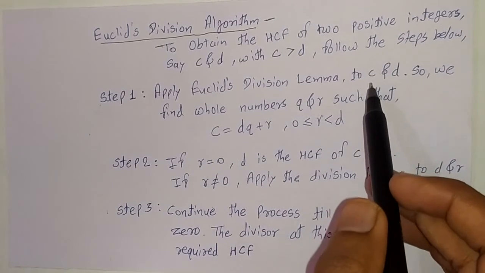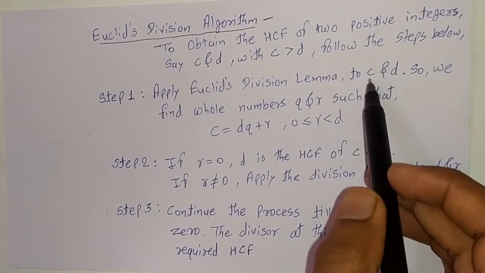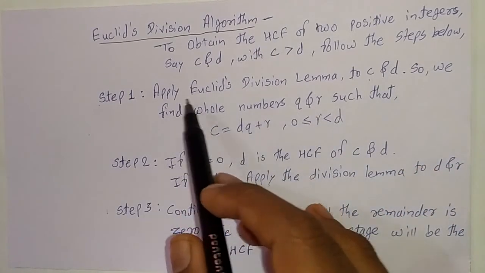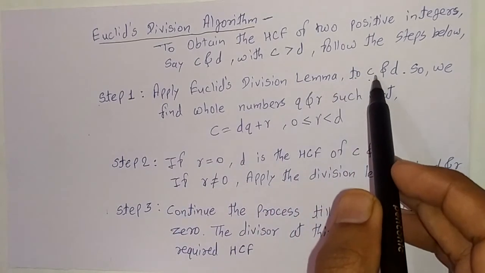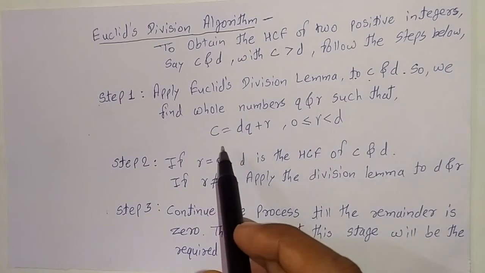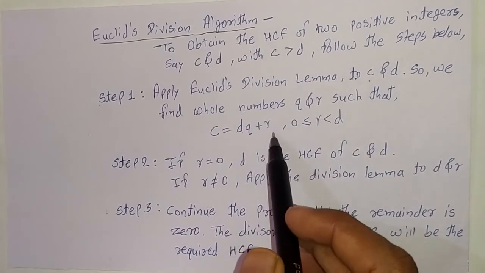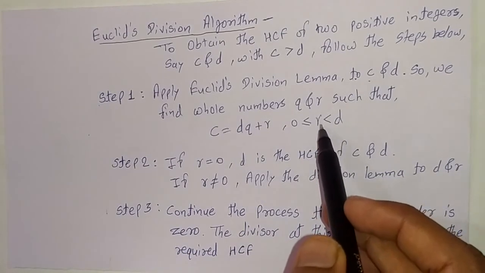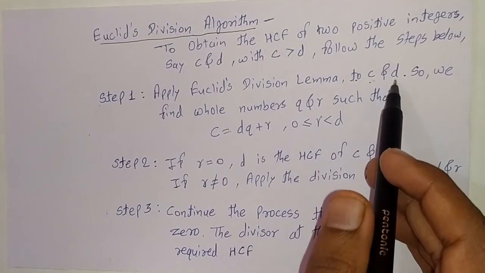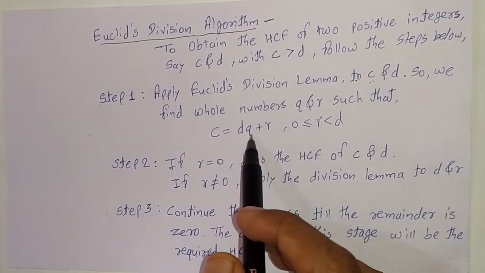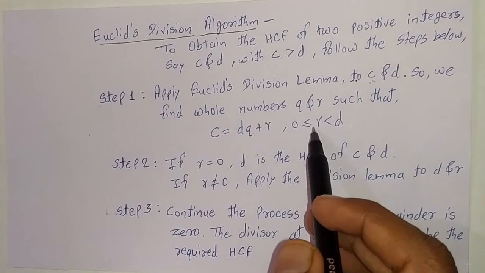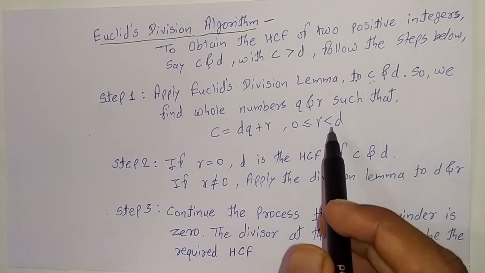Let's say the two numbers are C and D. We find whole numbers Q and R such that C equals DQ plus R, where 0 is less than or equal to R less than D. C will be greater than D, so C equals D into Q, where Q is the quotient, plus R the remainder.